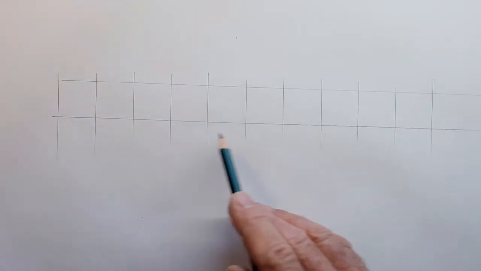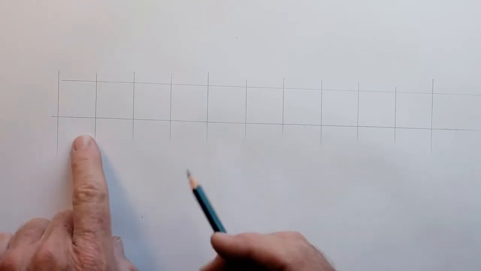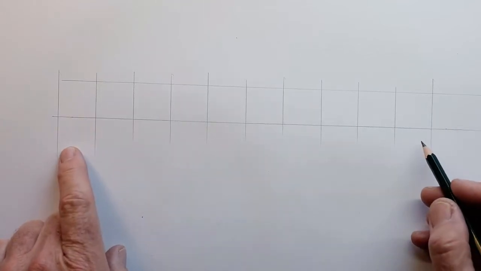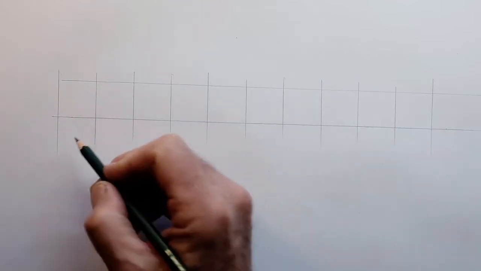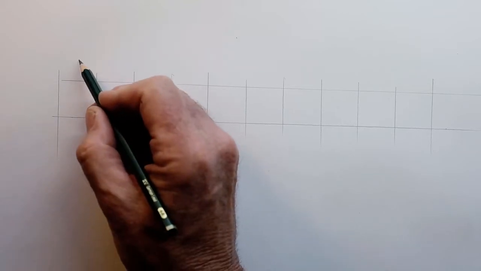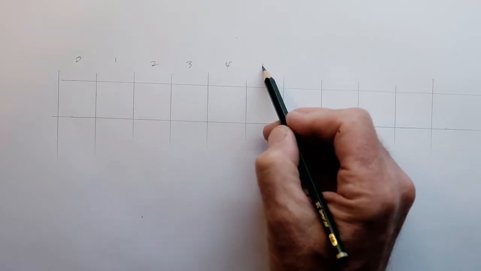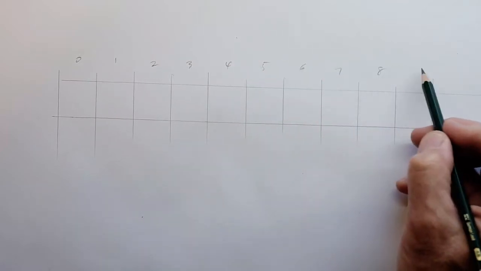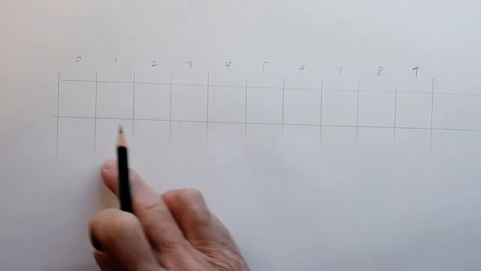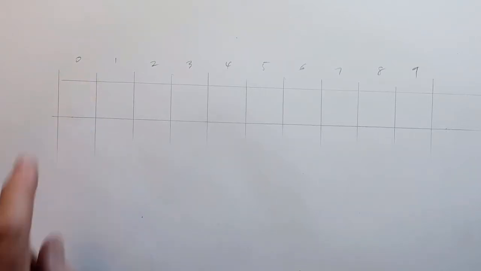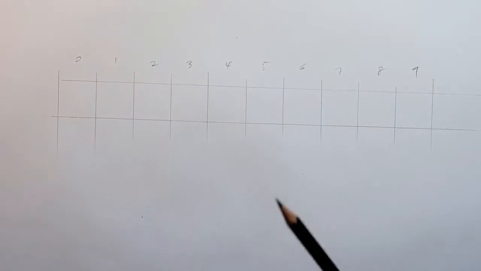That'll do. Because I want one to be 0 and one to be a value of... I'll just write 0, 1, 2, 3, 4, 5, 6, 7, 8, 9. So it's 10 boxes, but one's going to have 0 in it, and the others are going to be all different values.